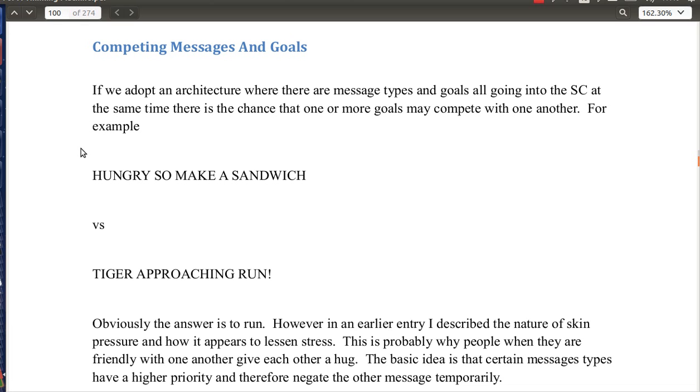So the basic idea is that in our brain there will be messages that come in, and they will have different priorities, and there may even be messages that come in to try and satisfy the same goal. So part of this architecture would have certain messages competing for the same goal, and then you'd have two messages for two different goals, and then the goals compete with each other.